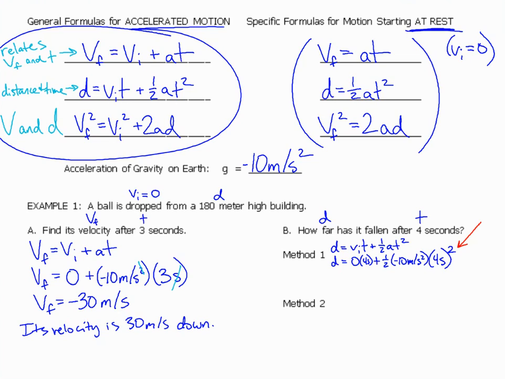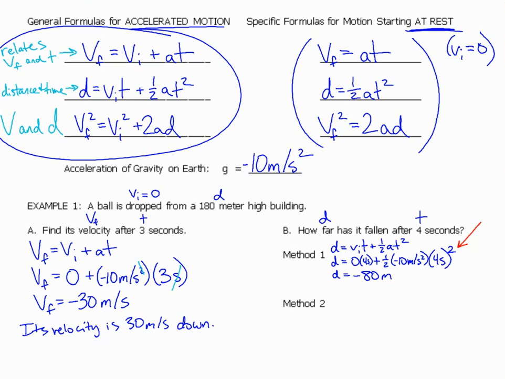So we can simplify this some. Distance equals 0 plus 1/2 times 10 times 4 squared. And really, we don't need to write the 0 plus. It is negative 80 meters. This is how far it has fallen. Negative 80 meters means it has fallen 80 meters down.